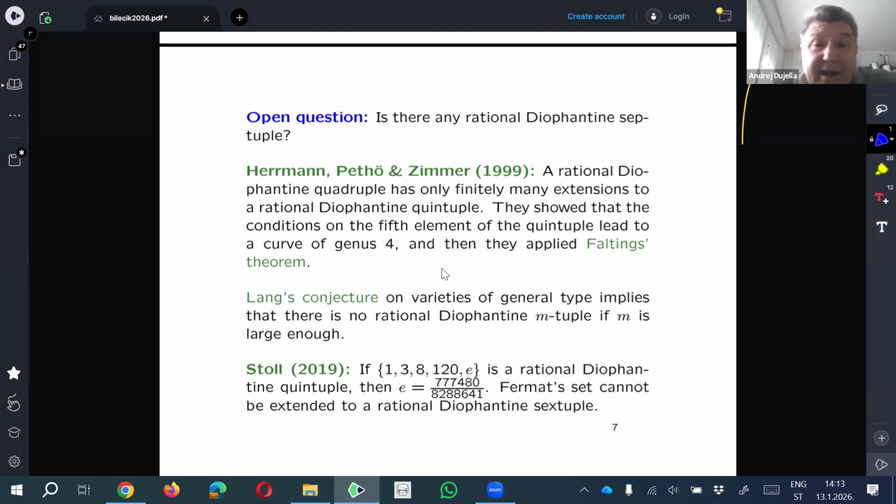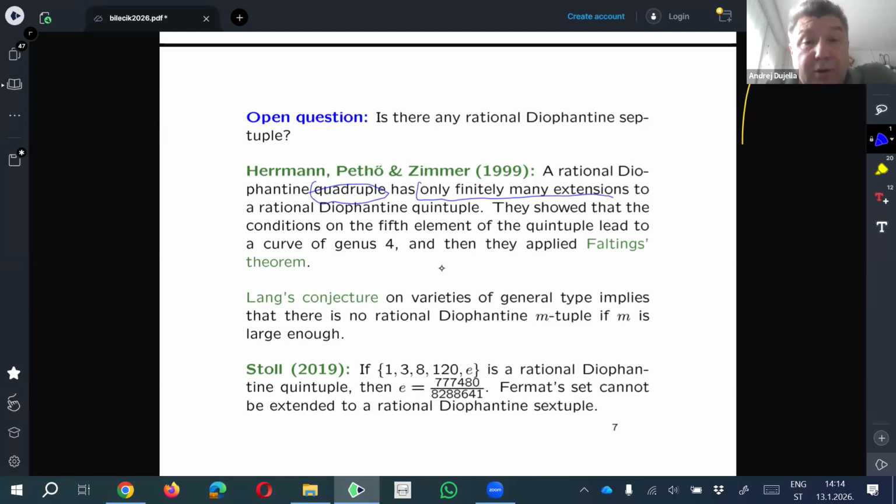Some results in the negative direction would suggest that perhaps there are no seven-tuples. Herrmann, Pethő, and Zimmer in 1999 proved that if we start with a quadruple, then there are only finitely many extensions to a quintuple. The result is very interesting, but ineffective because it uses Faltings' theorem. They assign to this question a curve of genus 4 and then conclude that there are only finitely many rational points on this curve.